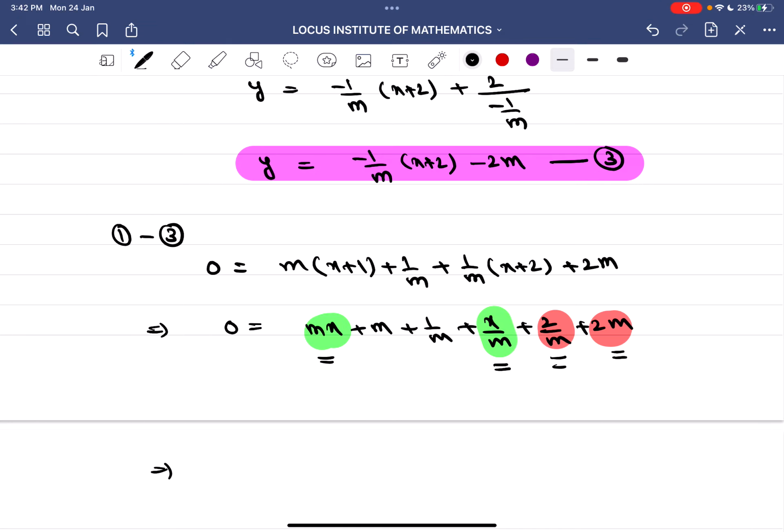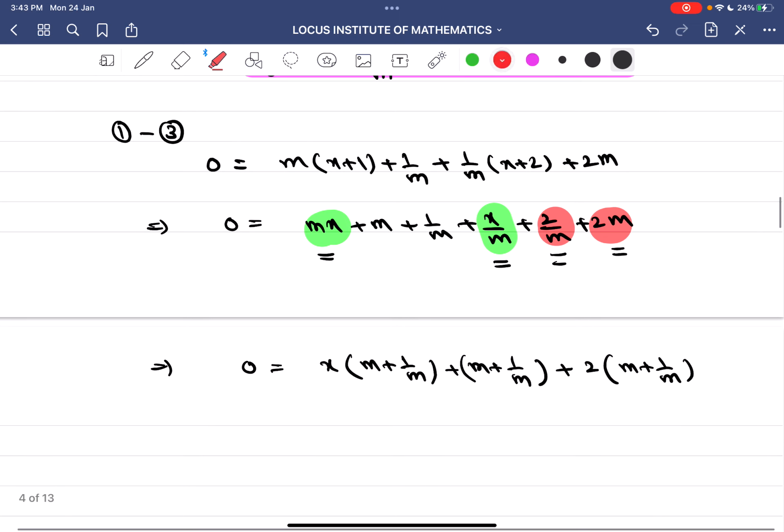Then 0 = x(m + 1/m), and this m + 1/m as it is, that is m + 1/m, plus from these two terms you take out 2 common, that is 2(m + 1/m).